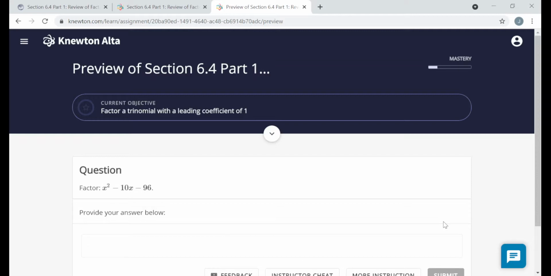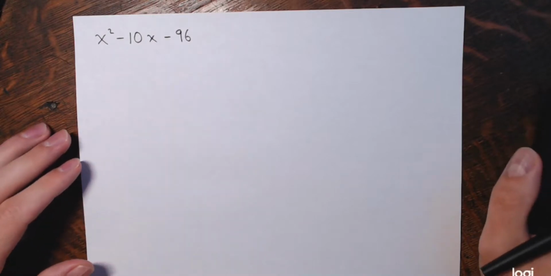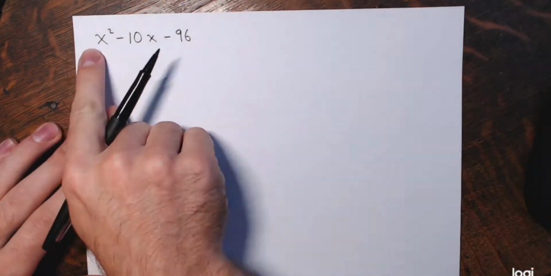All right, so here, still in factoring trinomials. This time, we're factoring trinomials with a lead coefficient of 1. So again, I'm going to write this polynomial out, and we'll factor it on a piece of paper. Okay, so notice that the lead coefficient is 1.